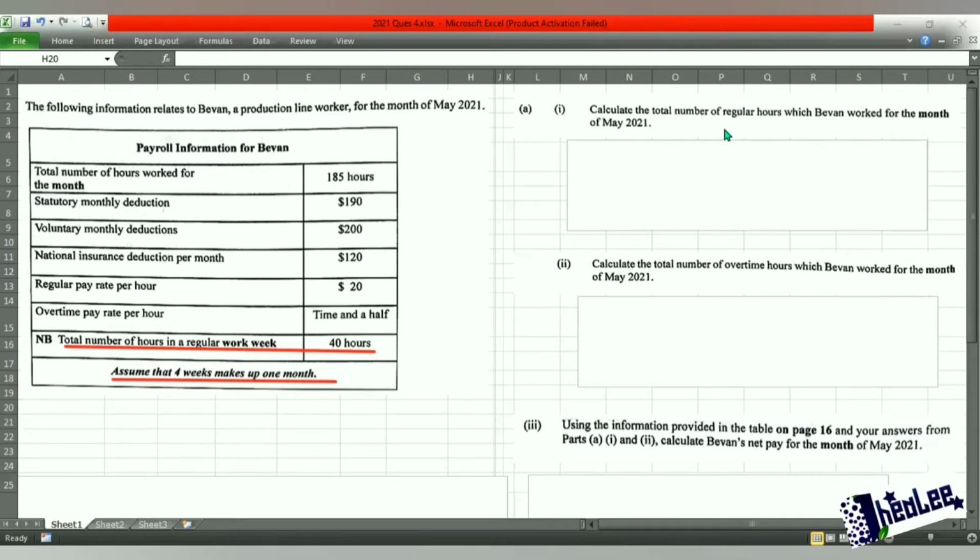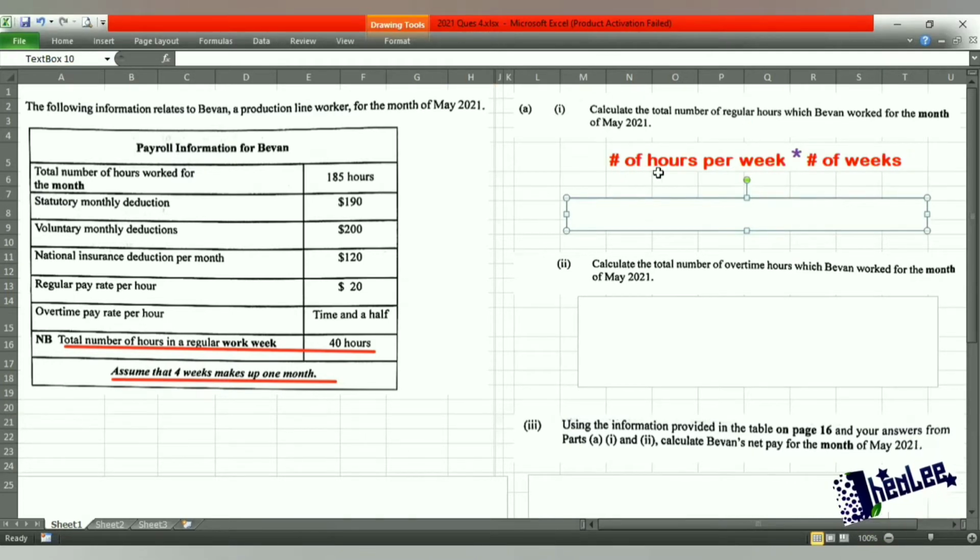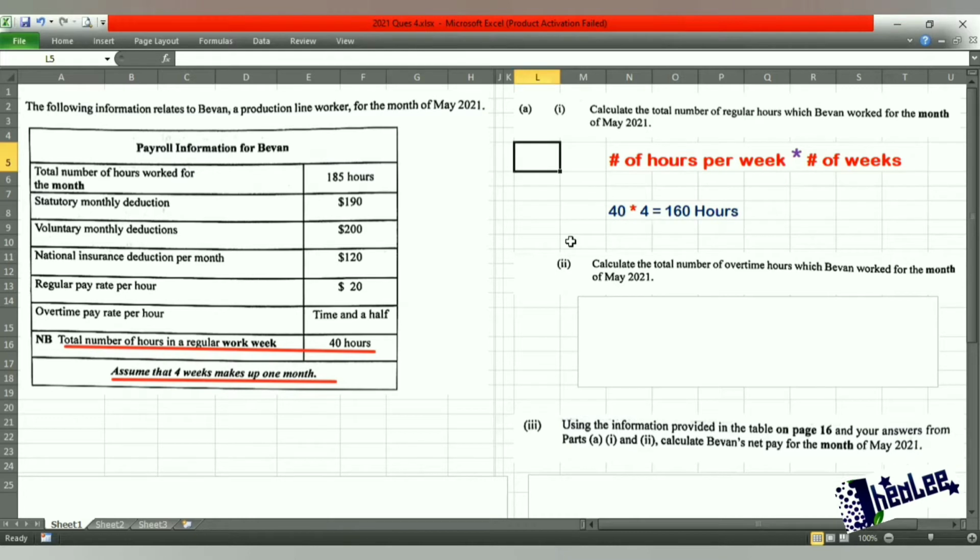Once we have that, we can do our calculation using the formula number of hours per week multiplied by the number of weeks that would make up the month, and that is 40 hours times the 4 weeks, and that gives us 160 hours. So Bevan worked 160 regular hours for the month of May.